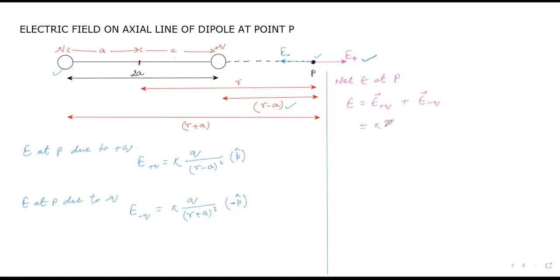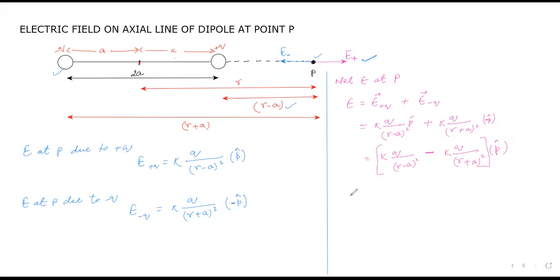It is K Q over R minus A whole square of unit vector P plus KQ over R plus A whole square of unit vector of minus P. Then when you multiply this minus sign with this plus sign, you finally get KQ over R minus A whole square minus KQ over R plus A whole square, of unit vector P.